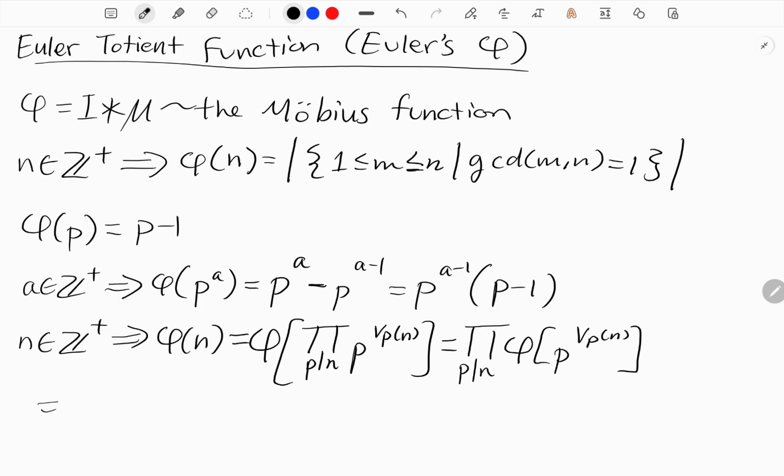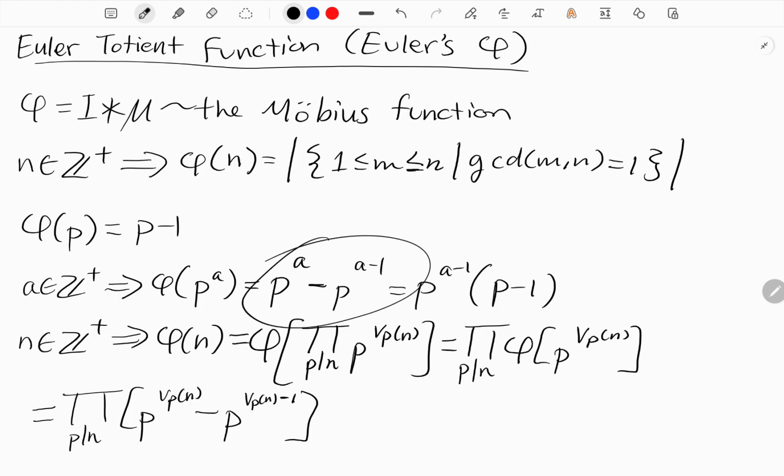And this is just equal to the product running over all primes that divide n of p to the power of v sub p of n minus p to the power of v sub p of n minus 1. Right? Once again, we can just replace this v sub p of n with a from here, and we get this expression.